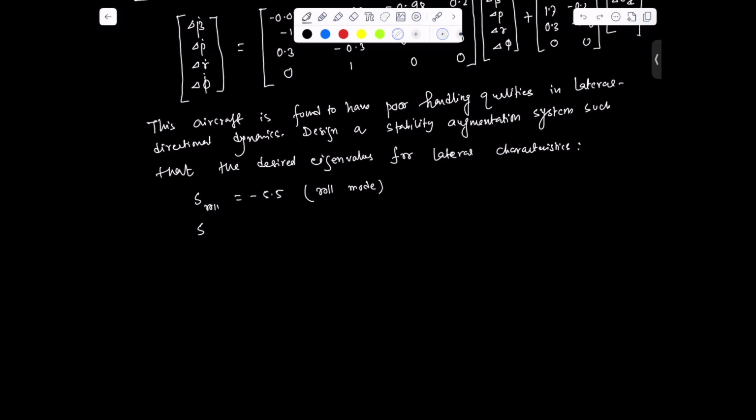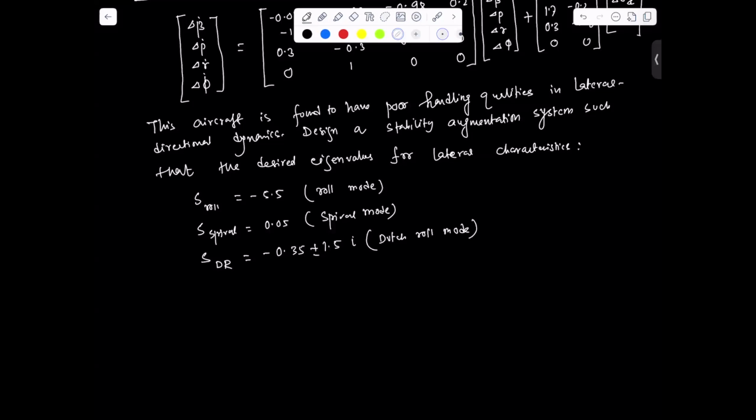These things we have already discussed in our first course, Introduction to Aircraft Control System. Spiral, 0.05. This is also called spiral mode. And Dutch roll, 0.35 plus minus 1.5 i. This is called Dutch roll mode.